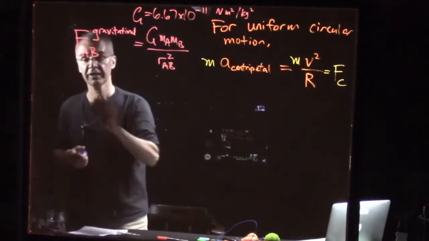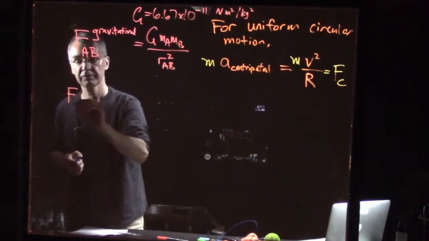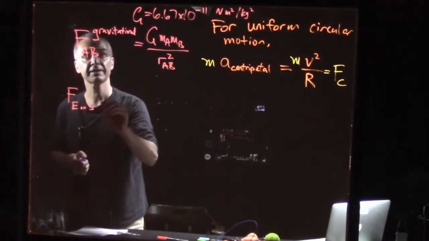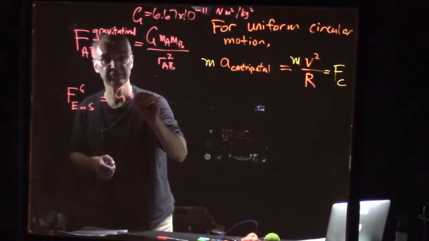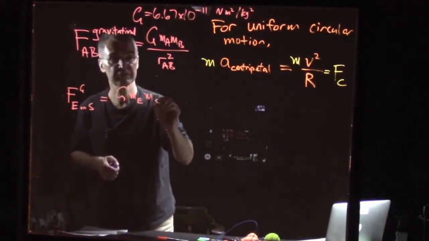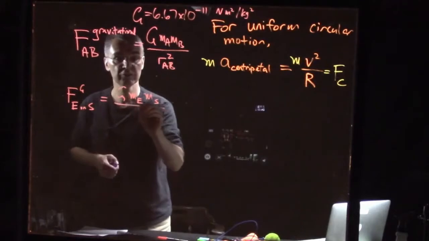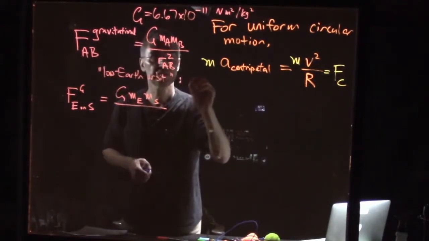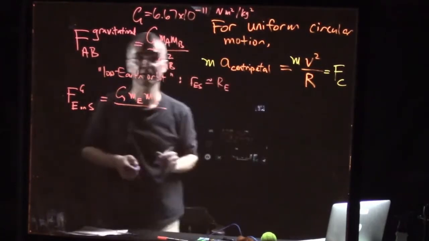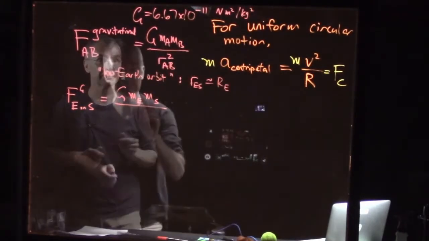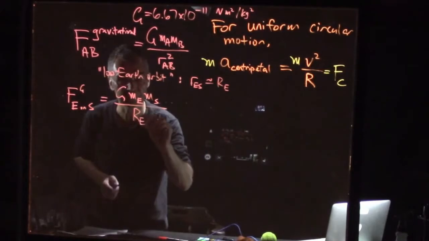So then we're going to say the force of Earth on the satellite, gravitational, is big G, and then we have the mass of Earth, and we have the mass of the satellite, and then we're saying if it's low Earth orbit, it means that the distance from the center of Earth to our satellite is approximately the radius of Earth. It's just a little bigger. So this is basically radius of Earth squared.